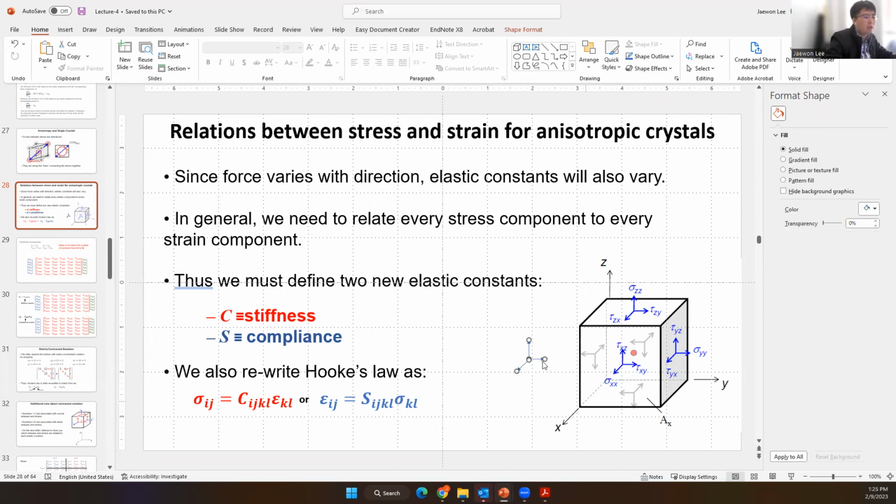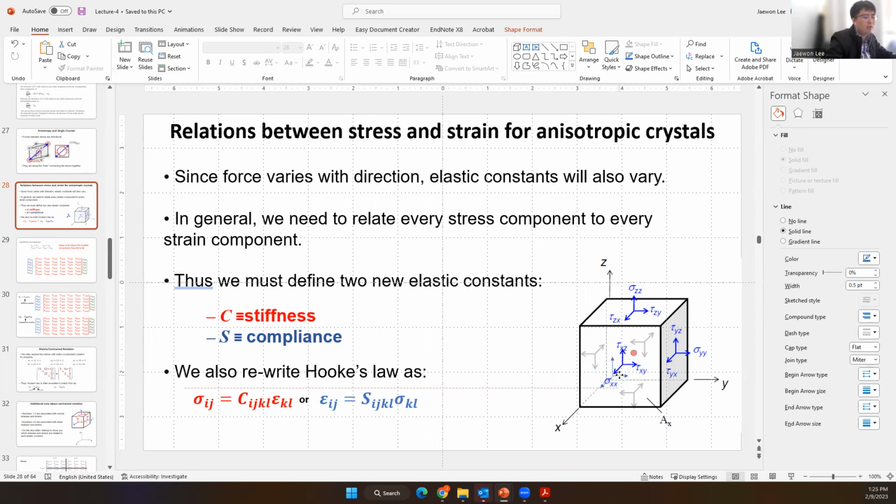phase, and then if we focus on the sigma, the normal stress, sigma xx, the normal stress sigma xx can produce the strain by the strain xx, strain xy, strain xz.